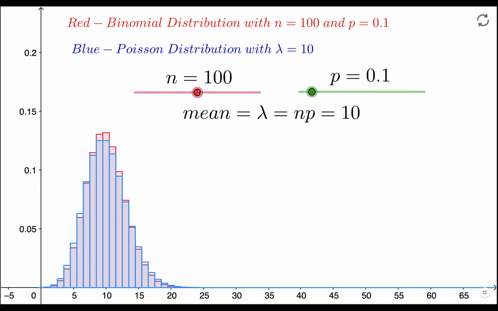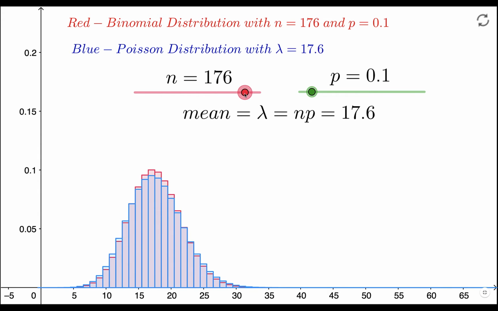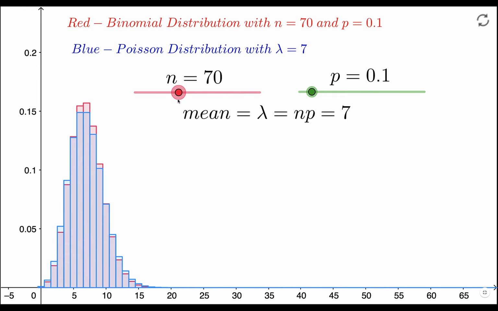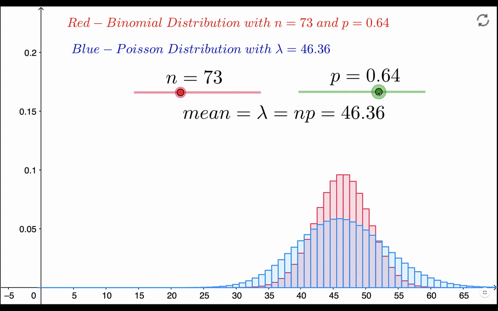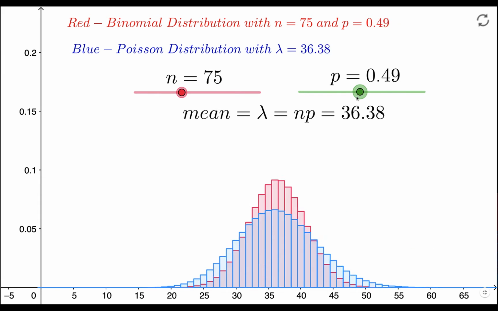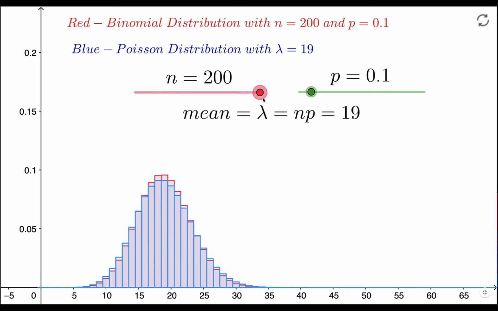We can vary these parameters to see that for large n, as p stays fixed, the approximation is really quite good. On the other hand, if n is not sufficiently large and p is large, the approximation is not very good. So the law of rare events really applies in the case where p is small and n is large.